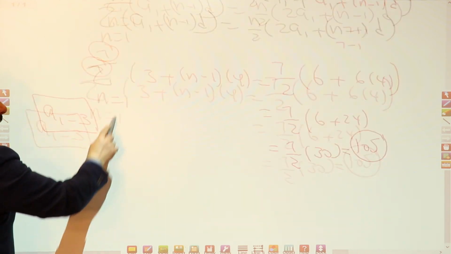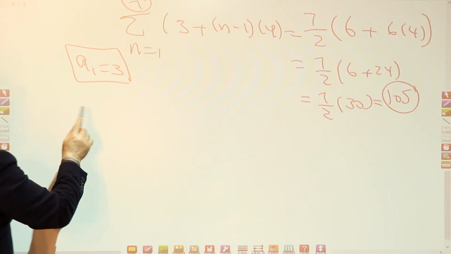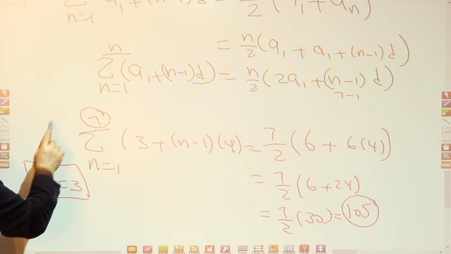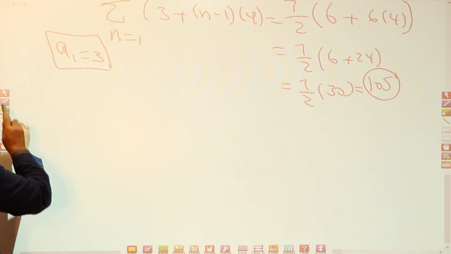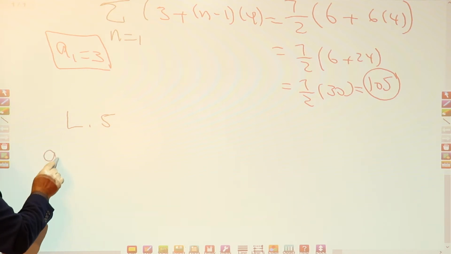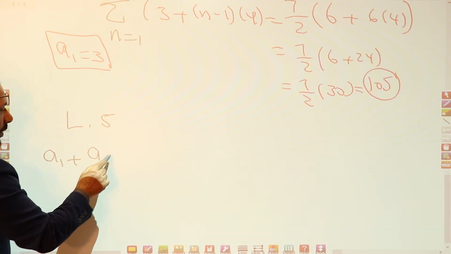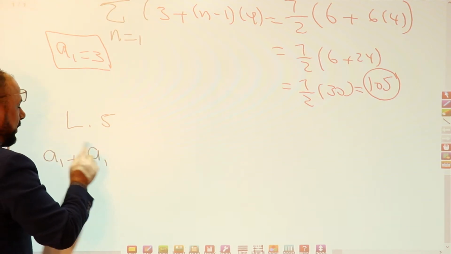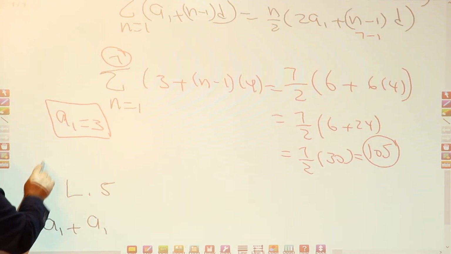Then this is what we have, right? This sum, this left side, then I can write the left side as what? A1 plus A1, right? Look here, A1, the first one, at 1, right?